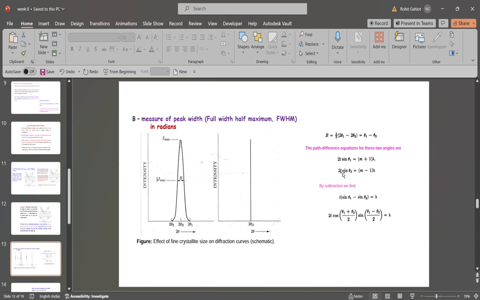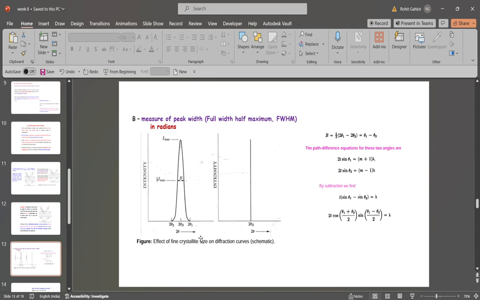Here we also talk about the integrated intensity, which is the area under this curve. Here is half of I max, the top one is I max, and this lies between the angles 2 theta 1 and 2 theta 2, with the Bragg angle at 2 theta B.